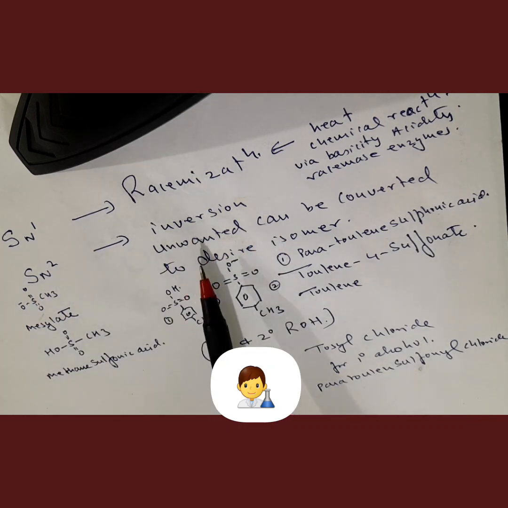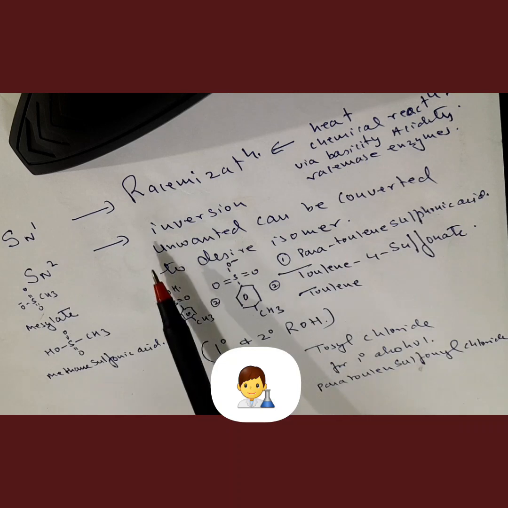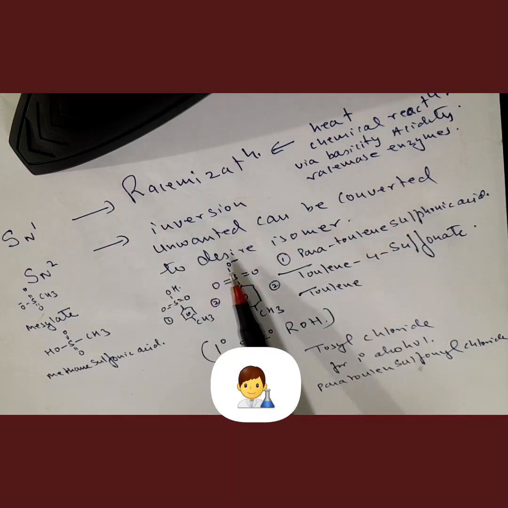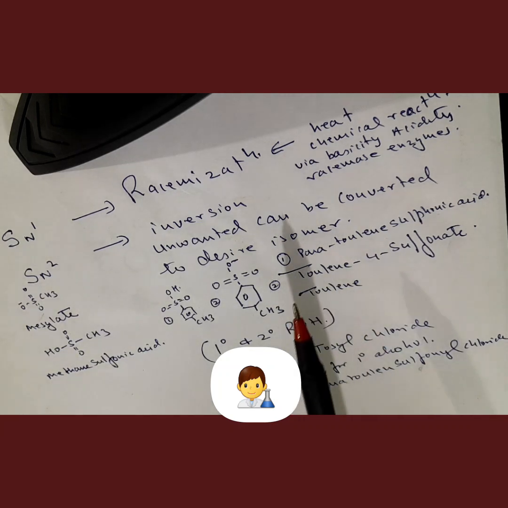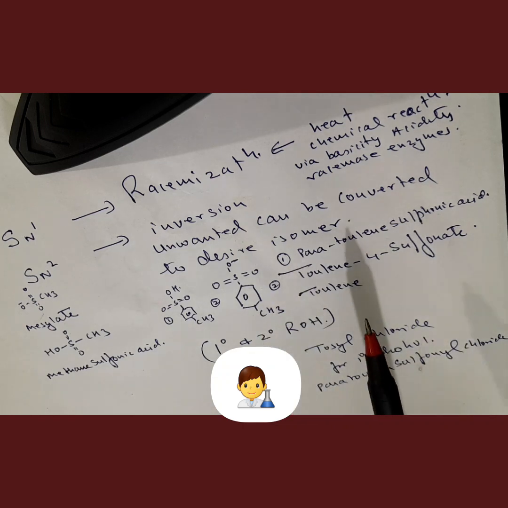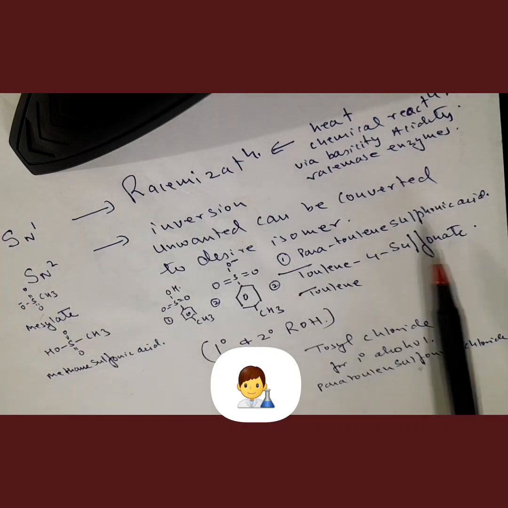So how do we do inversion? I've written over here, the unwanted can be converted to the desired one. How do we do it? We do it via a variety of methods. Suppose it's an alcohol, that alcohol we convert to mesylate or tosylate.